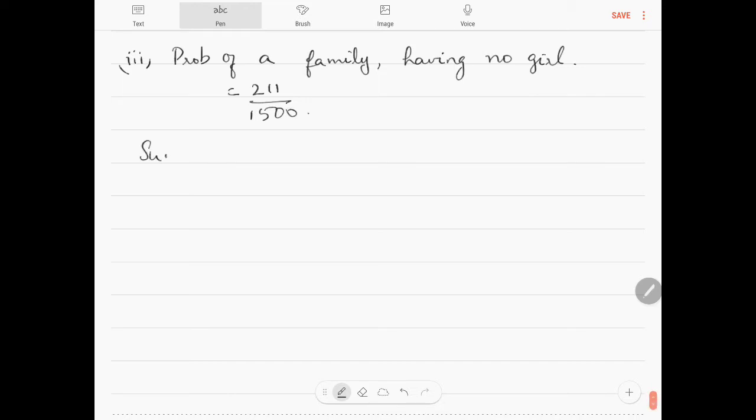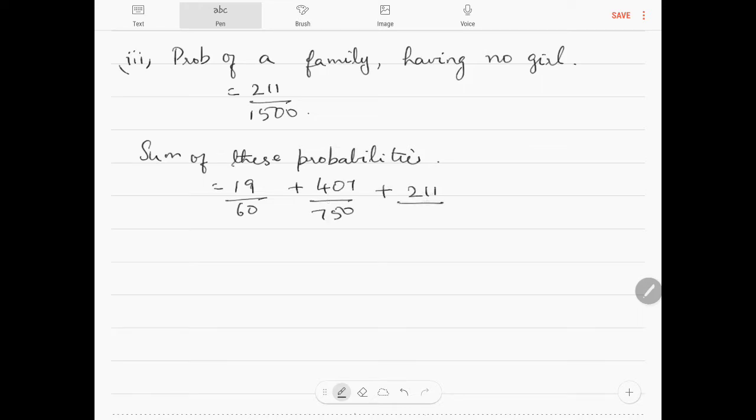So the sum of these probabilities will be equal to 19 by 60 plus 407 by 750 plus 211 by 1500. Taking LCM as 1500, it is 475 plus 814 plus 211.